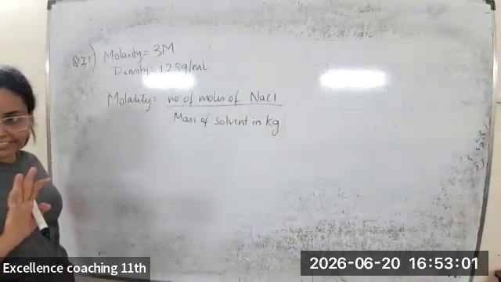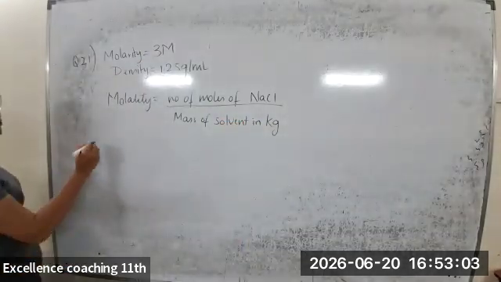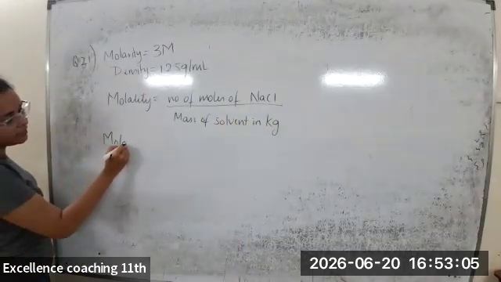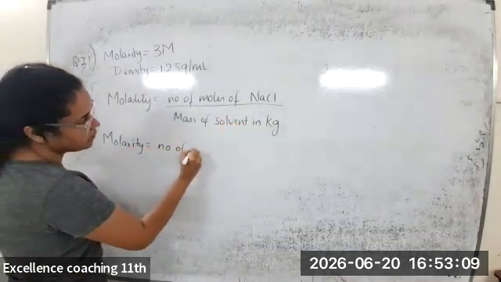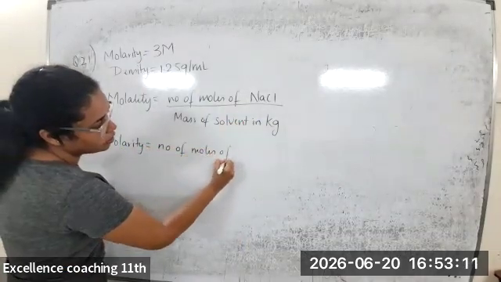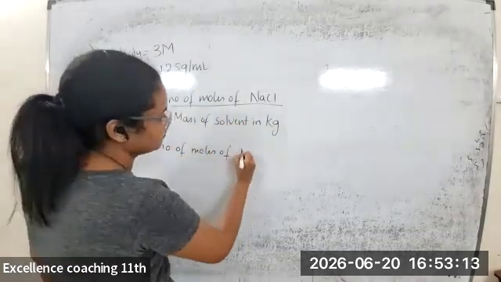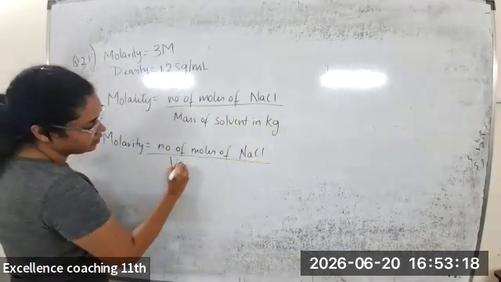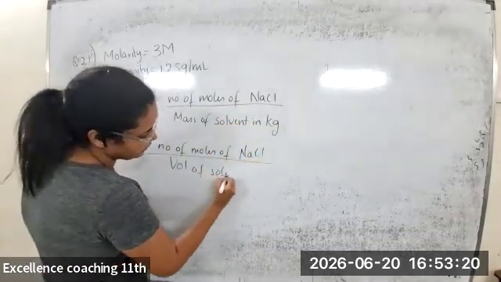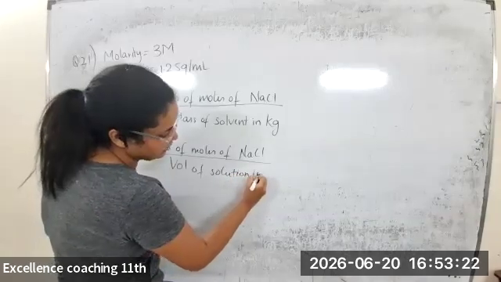Okay, so now what do we have? We have molarity. We know the formula of molarity will be number of moles of solute divided by the volume of solution in liters.